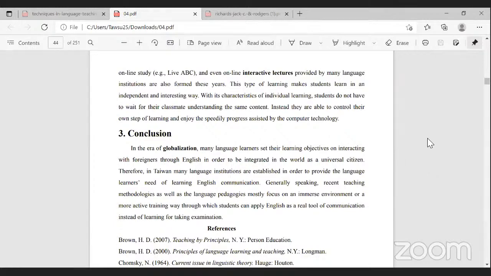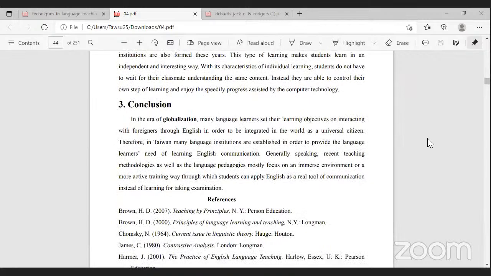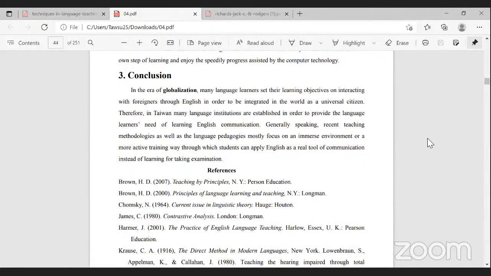So in conclusion, we can say that in the era of globalization, many language learners set their learning objectives on interacting with foreigners through English in order to be integrated in the world as a universal citizen.